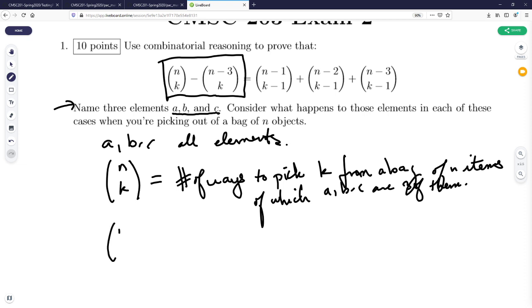And now, if you ask what n minus 3 choose k is, well, technically this is just choosing k elements out of a bag of n minus 3 things.